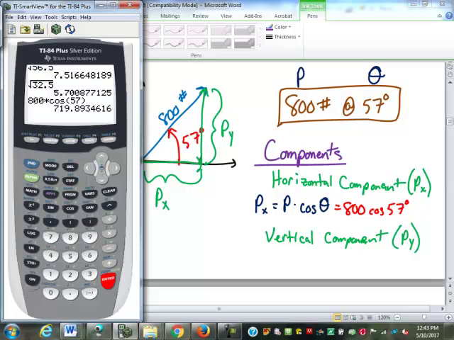Now, if we're going degrees, remember we have to be turned back into degree mode. I'm going to double check that here. I am not. I am in radian mode, so that answer I got was very, very wrong. So let's try that entry again. 800 times cosine 57 is going to give me 435.71.